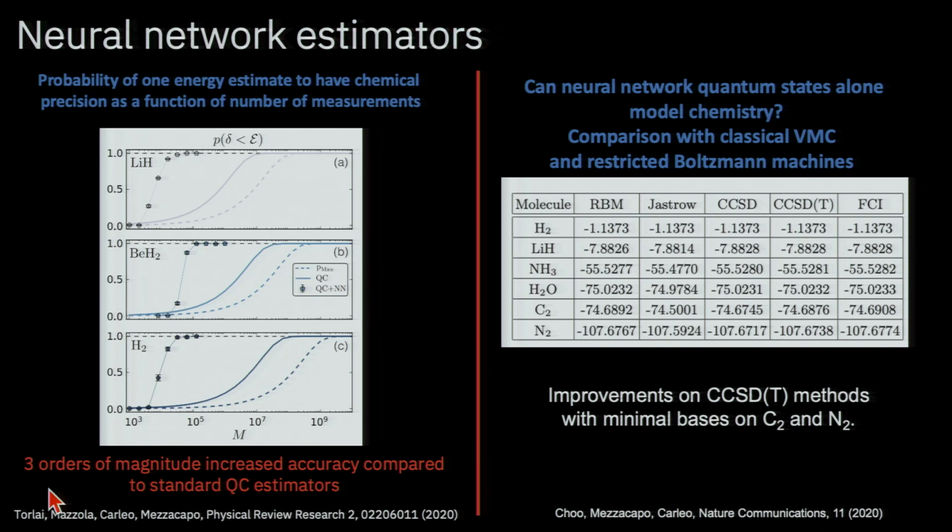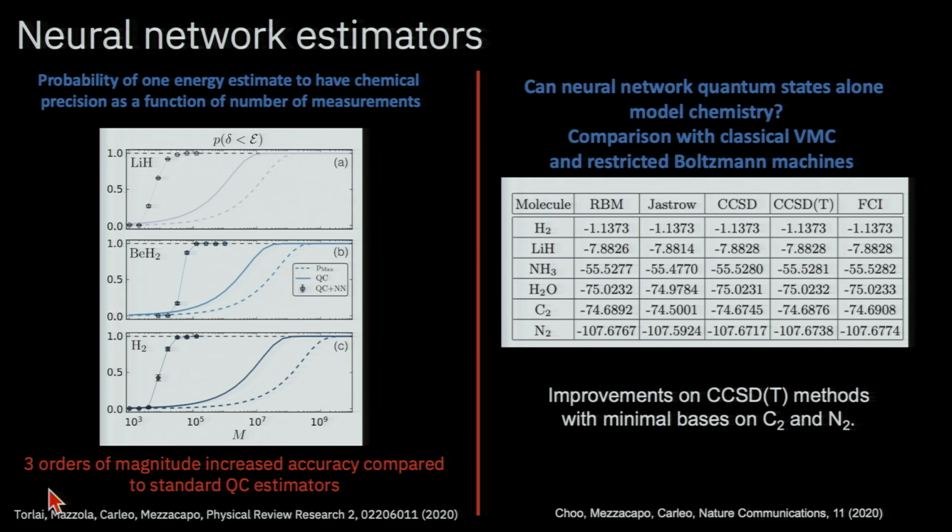So something like 3 orders of magnitude. But then if we start to use these kinds of ideas, so we start to mix quantum and classical tools, then we have to be careful because not every quantum state obviously can be captured efficiently by a classical tool.